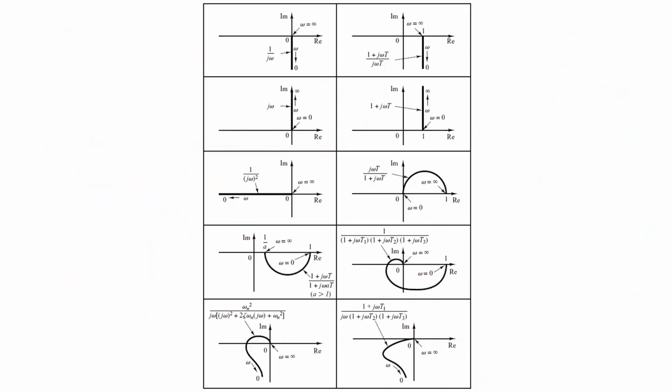And again, this is a summary of what you have for different systems, right? So this is an integrator, 1 over s. The transfer function is clear; all you need is to replace j omega with s. This is 1 plus Ts over Ts. This is 1 plus Ts.